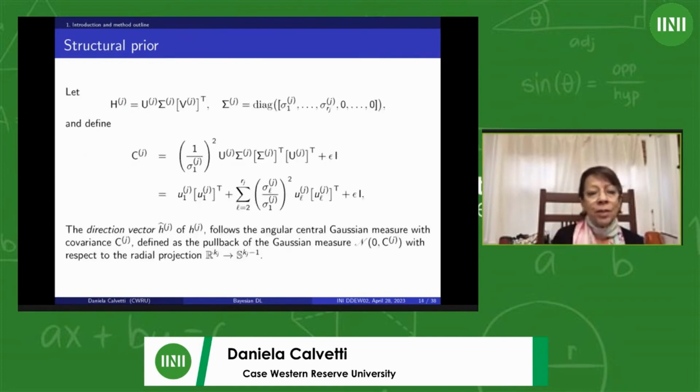This is how we construct it, and I'm not going to go through the details, just to give you a sense of how this came about.